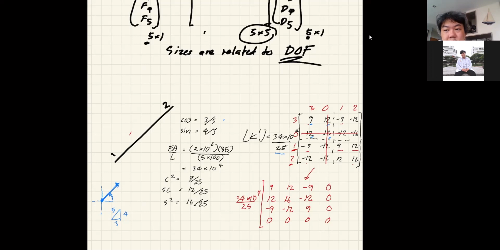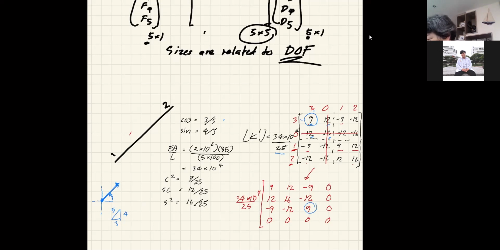And we impose the code matrix on it. So 3, 0, 1, 2. Now it says that this component will go on to the third row and the third column of the global stiffness matrix of the entire structure. So this 9 is actually here.